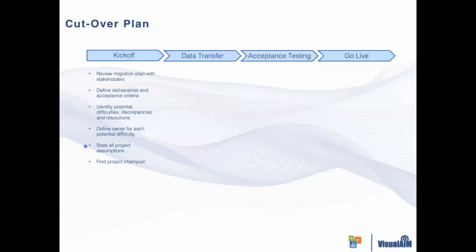Also, you want to state all potential assumptions of the project. If you have multiple databases, you want to make sure and understand that let's state that the assumption was that all database structures would be the same across the 8, 10, or 15 facilities. This might not be the case when you actually start looking into the actual data and the different versions of the programs across the different facilities.